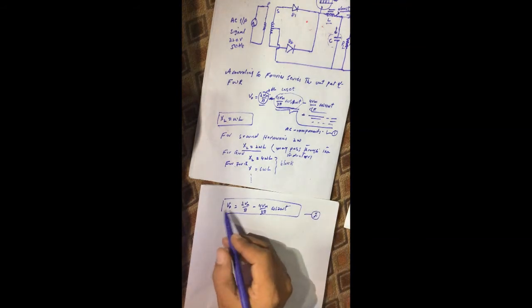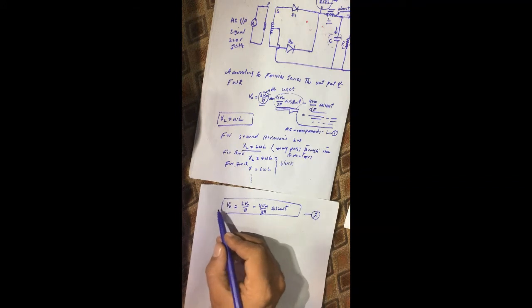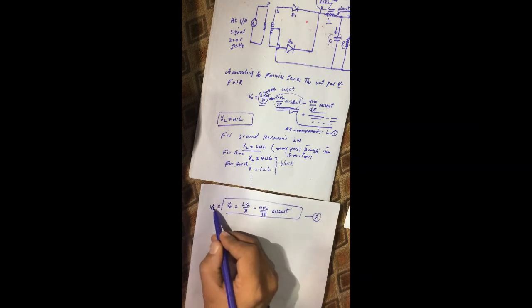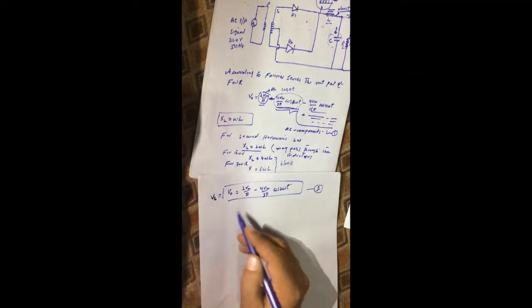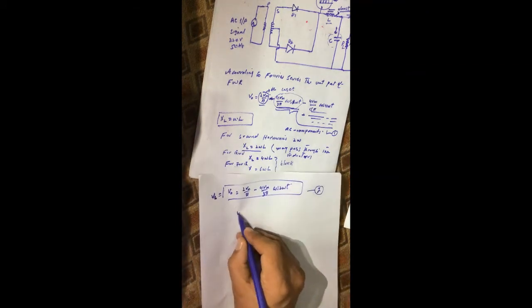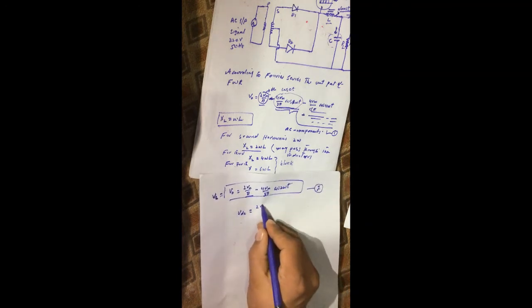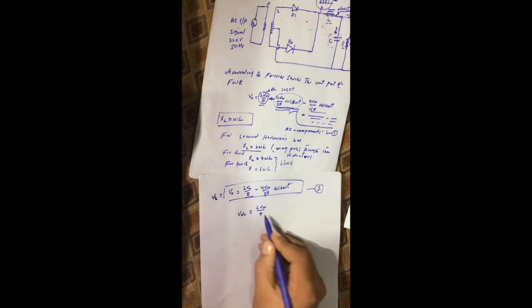Now this is the output after passing through the inductor, so I can also name it VL, the voltage after passing through the inductor L. Now the DC component of the voltage VDC is this one, which is 2Vm over pi.